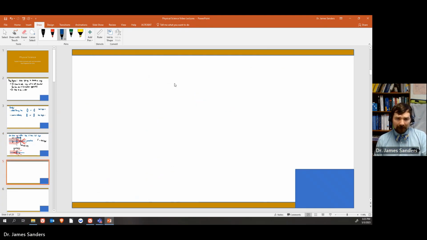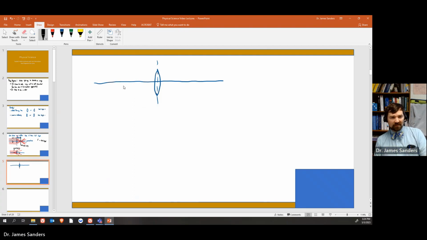Okay. So now let's consider some scenarios for drawing the image formation. So basically what you do to find where an image is, you draw your lens, you draw your principal axis. Oops, curved.